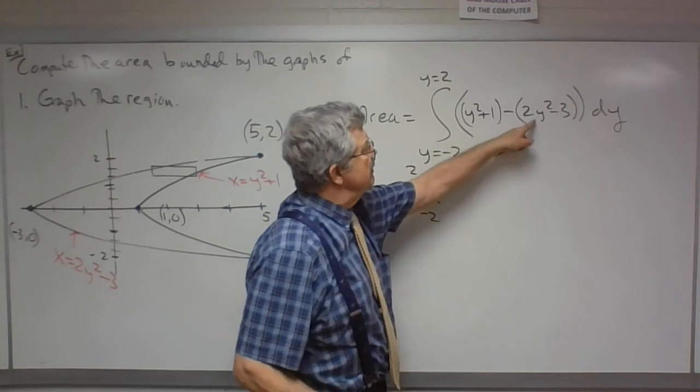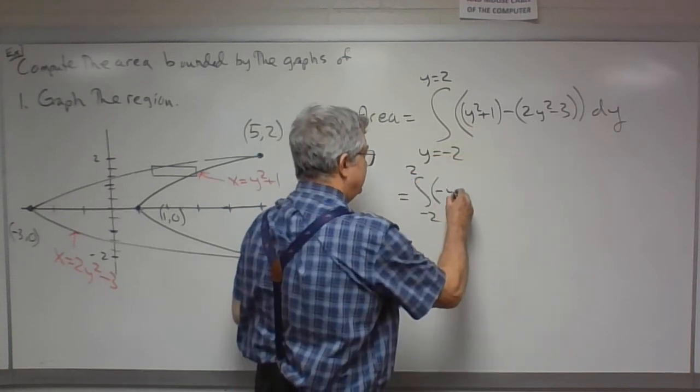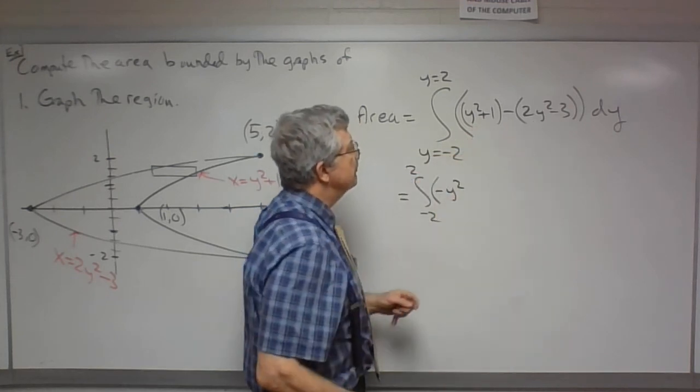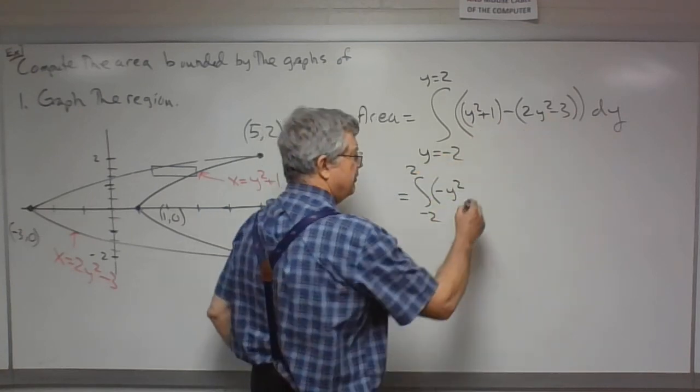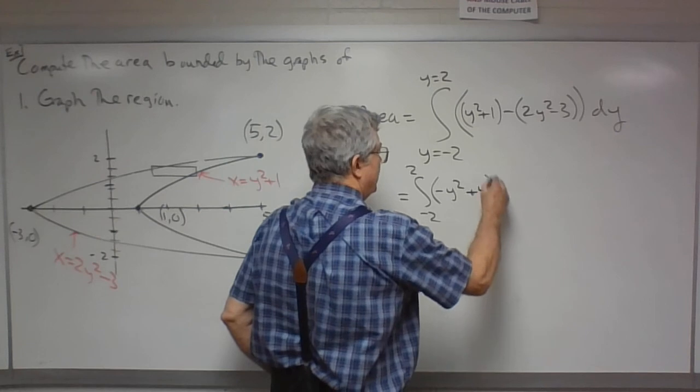y squared minus 2y squared is -y squared. 1 minus a -3 is +4.